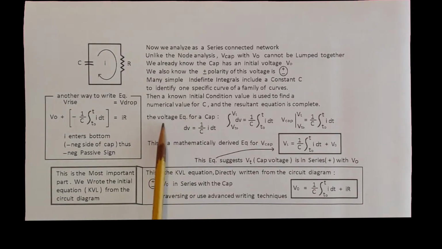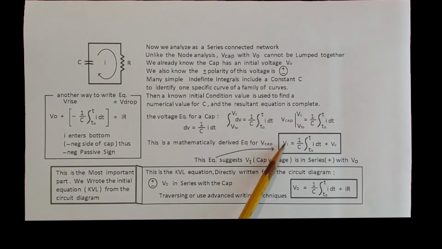If we look at the I-C relationship for the cap and then rearrange to solve for the capacitor voltage, we integrate both sides, and then we can manipulate this integral because V(t) minus V(t0).